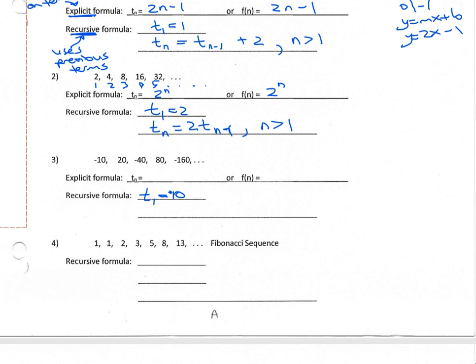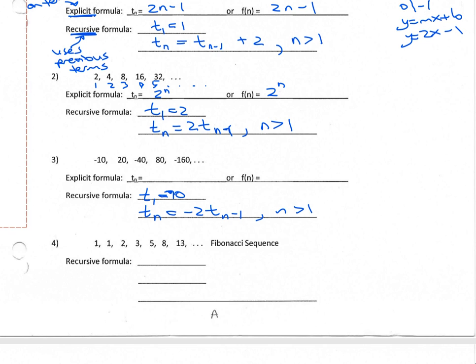And now how do we get from negative 10 to the next term? It looks like we're multiplying by negative 2 each time to get the other terms. So Tn is going to equal negative 2 times Tn minus 1. But that's only when n is greater than 1, because when n is 1, it doesn't work.